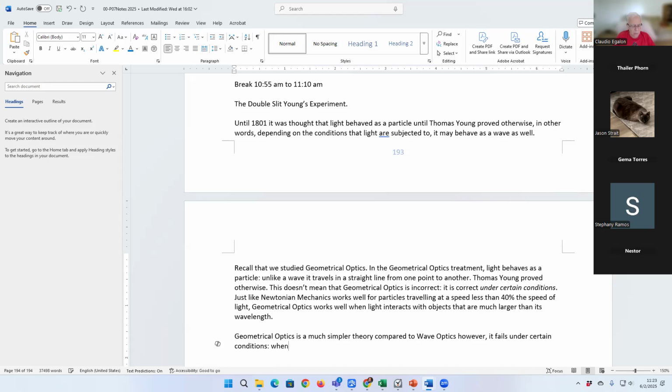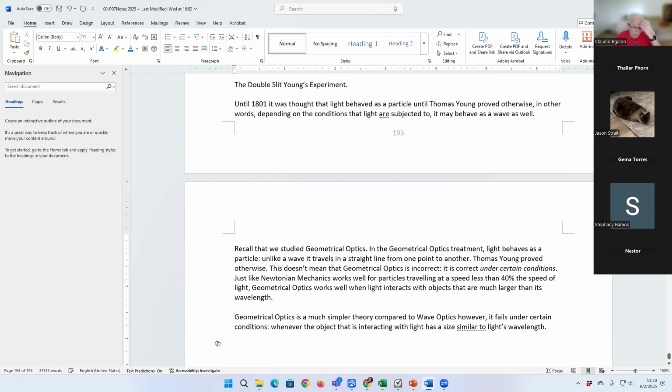And the condition is whenever the object that is interacting with light has a size similar to light's wavelengths, okay? And like I said, that's what Thomas Young proved.